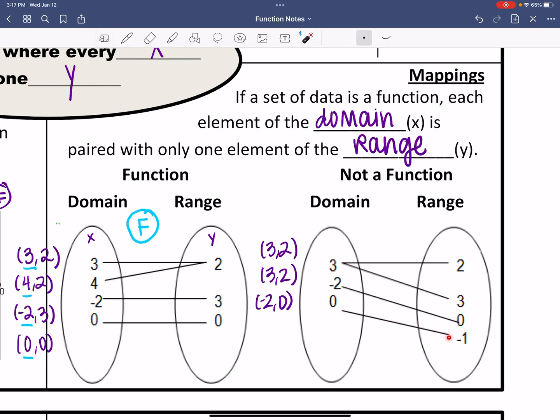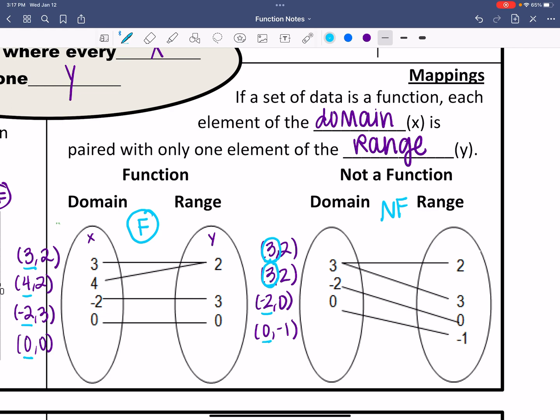And I also have 0 being paired with -1. So if we look at our x's, I have 3, 3, -2, and 0. Here we see that I have my 3's repeating themselves, so this lets me know that this is not a function.